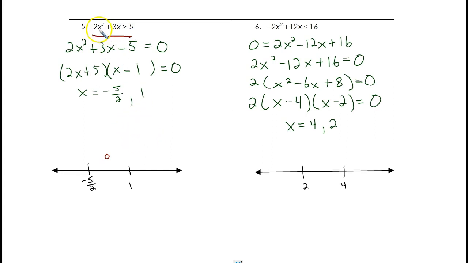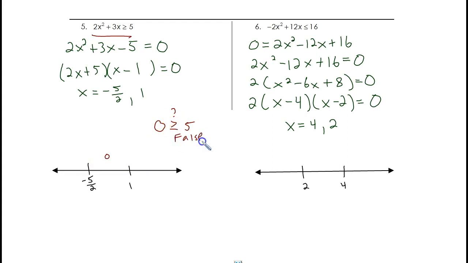Now, I'm going to speed things up just a little bit. Whenever I plug in 0 and I multiply or raise 0 to a power, it's always 0. So this is essentially going to be 2 times 0 squared plus 3 times 0. That's just 0. My question is, is 0 greater than or equal to 5? Is that true or is that false? Does this number work? Well, 0 is not greater than or equal to 5.